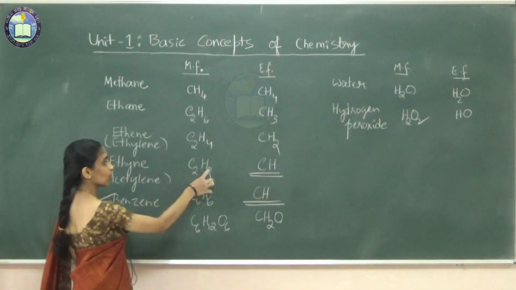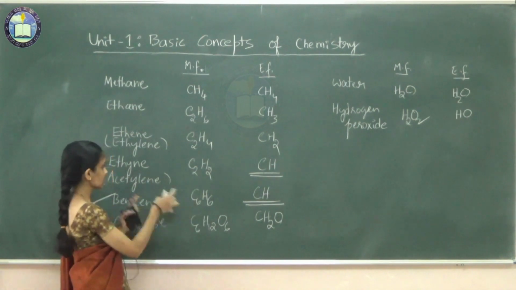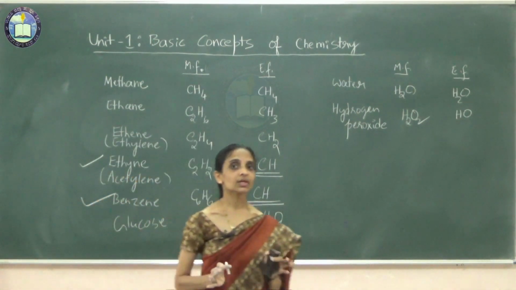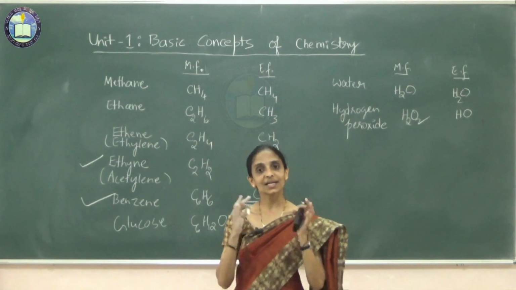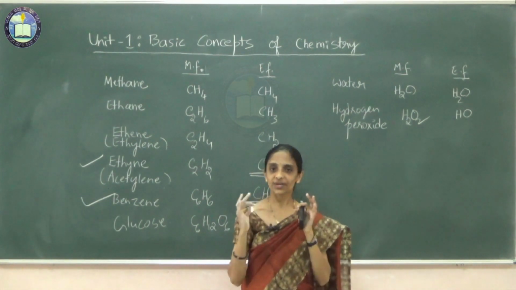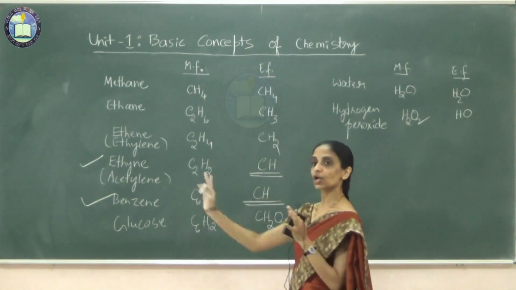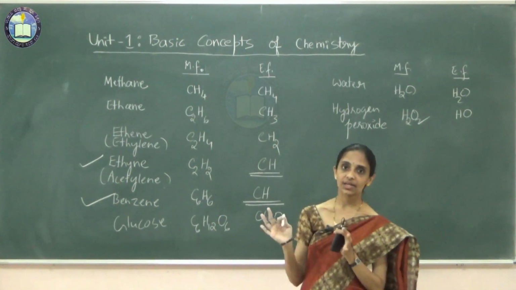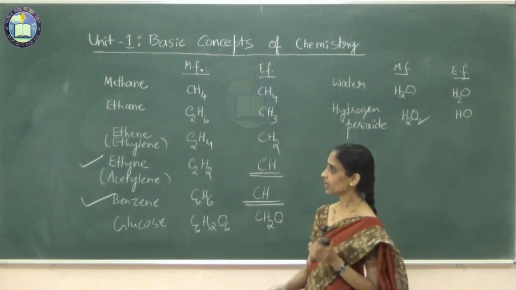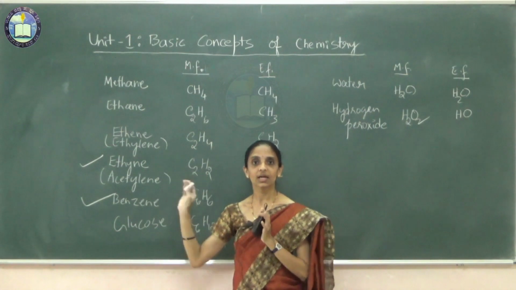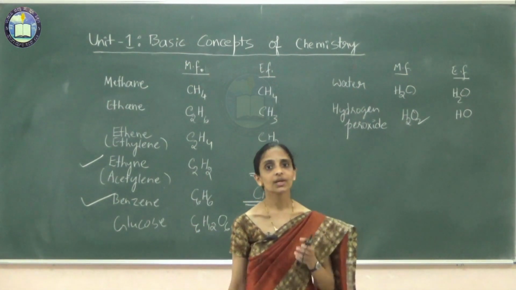But their molecular formulae are different. They are totally different. So remember, empirical formula can be the same for different compounds, but molecular formulae will always vary. They will not be the same.